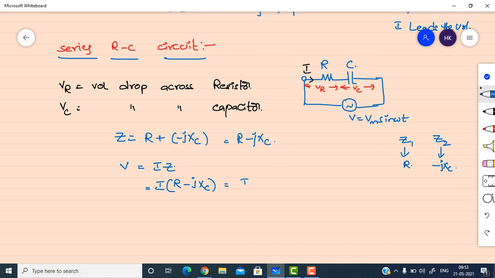Then it is I into R minus j into I XC. So here IR is nothing but voltage drop across resistor, minus jIXC is nothing but voltage drop across capacitor. The total voltage is the sum of voltage drops in the circuit.